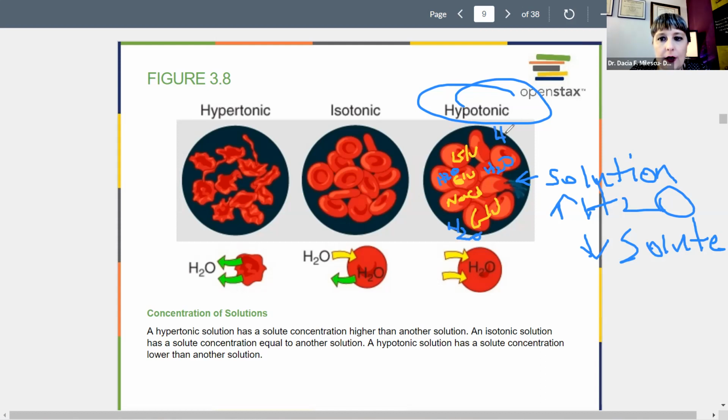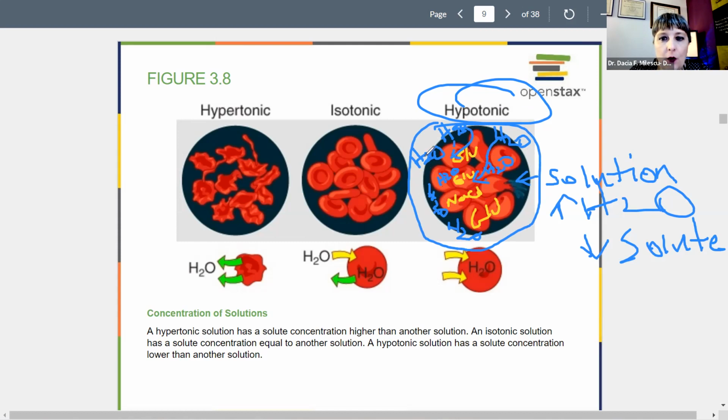Okay, so remember what I said, water follows solute, and water likes to go from an area of higher concentration to an area of lower concentration. So this solution is filled with water, so therefore water goes from a higher concentration to a lower concentration, down the concentration gradient.